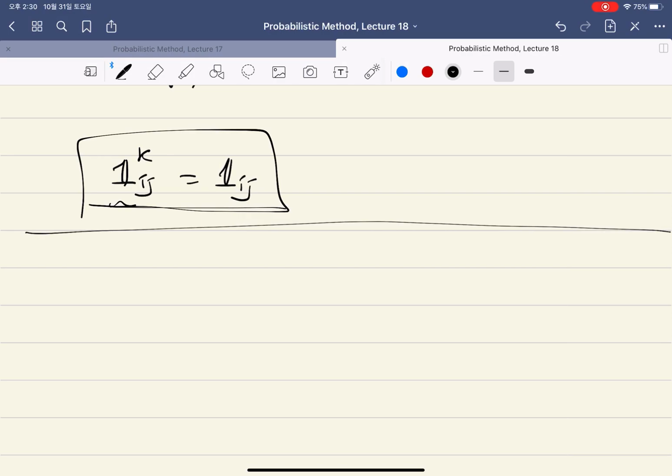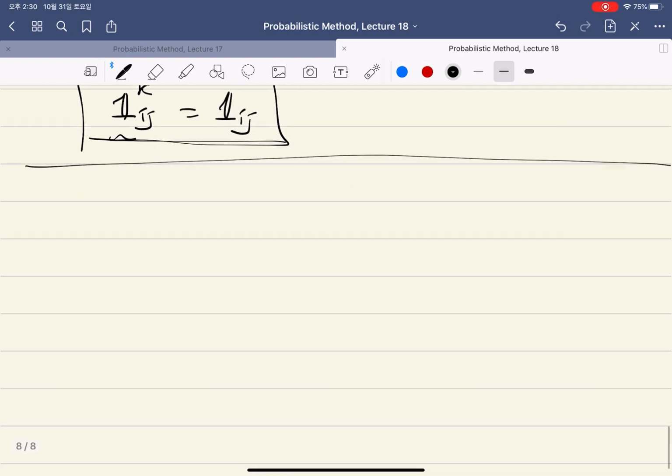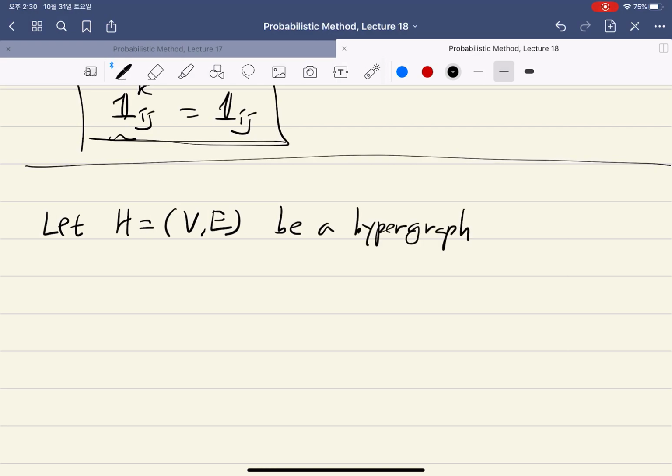This polynomial can actually be written in a slightly different form. It's the same thing, but we can consider this in the language of a hypergraph over the variables. So let H be a hypergraph. Again, a hypergraph is a collection of sets.